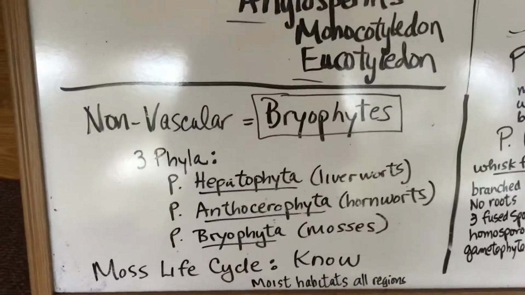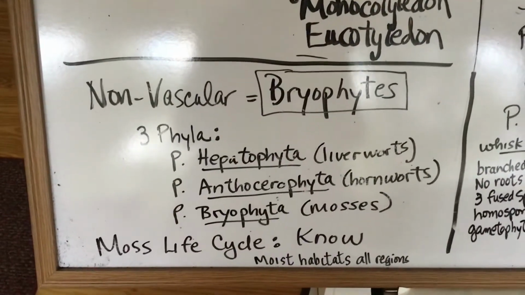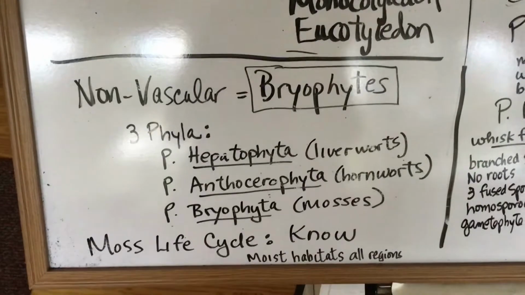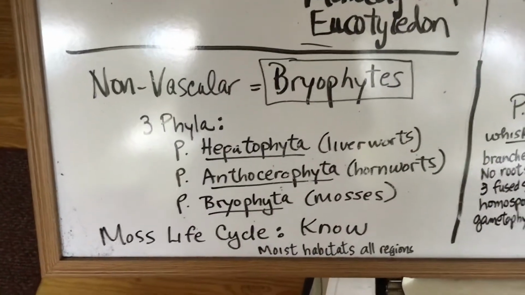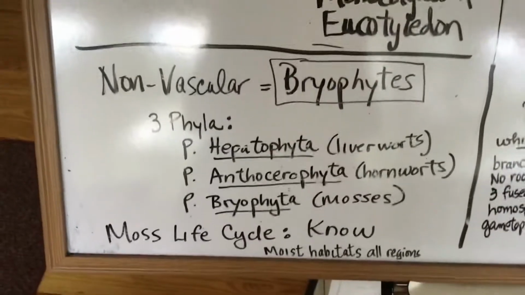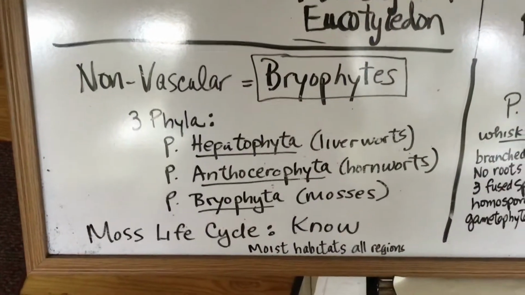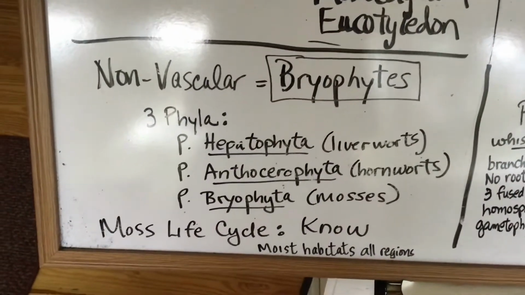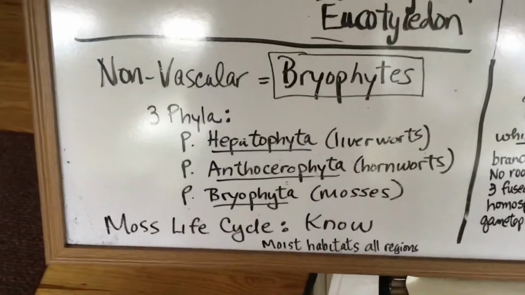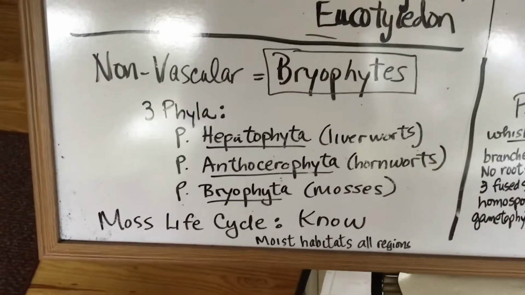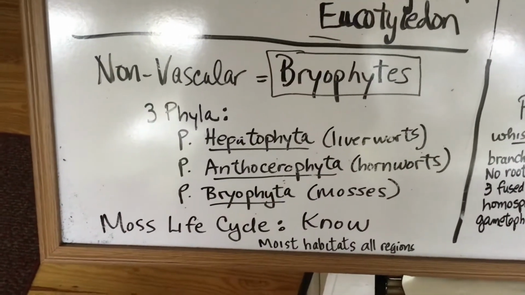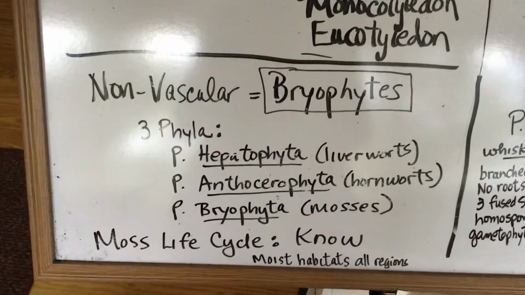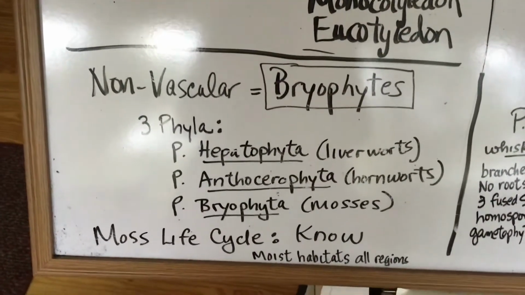Mosses are probably the most common thing that you would see around here in a forest, and sometimes people confuse mosses and lichens. We'll talk about lichens when we talk about fungi, but they look kind of similar in the ecosystem. And mosses, though, are the simplest types of land plants.